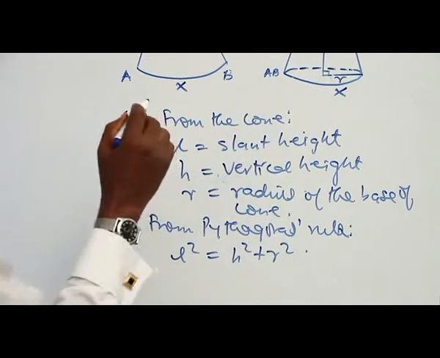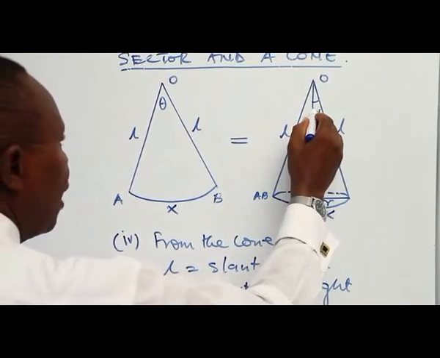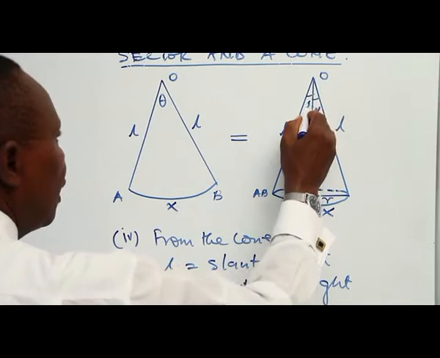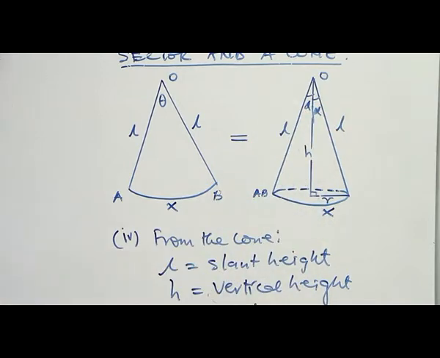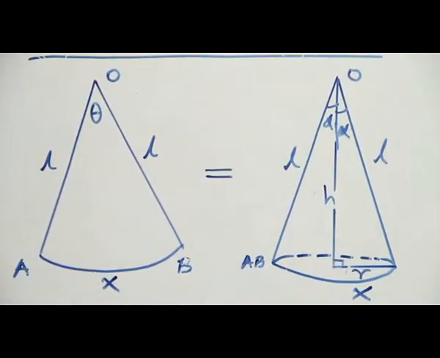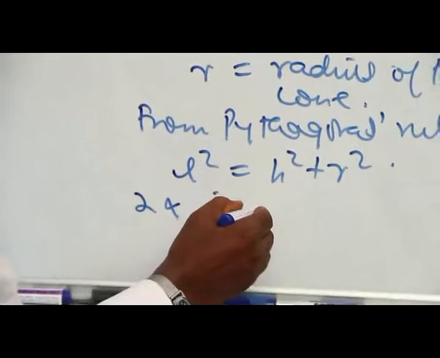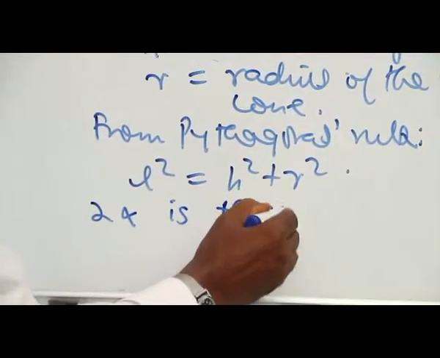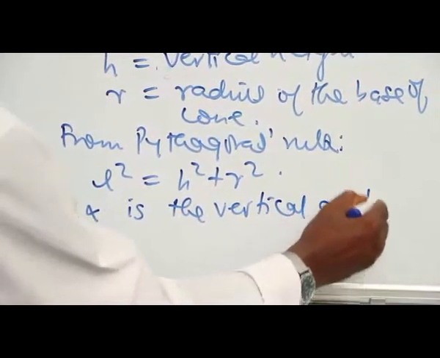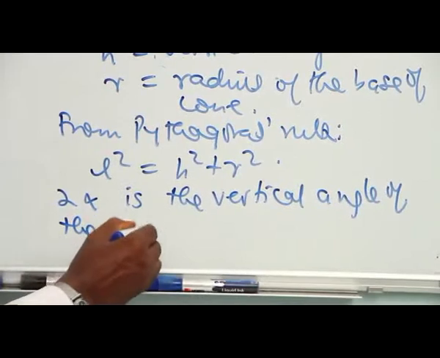Let us indicate here angle alpha, the vertical angle. Our 2 alpha is the vertical angle of the cone.